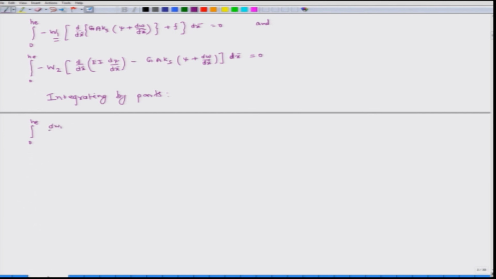So, we get dW1 over dx bar times GAKS times psi plus dw over dx bar, minus W1 F, the entire thing being integrated over the domain, and this is equal to 0, and then I have some boundary terms when I do integration by parts, and the boundary terms are W1 GAKS times psi plus dw over dx bar, and this boundary term will be evaluated at the limits of the element 0 and HE.